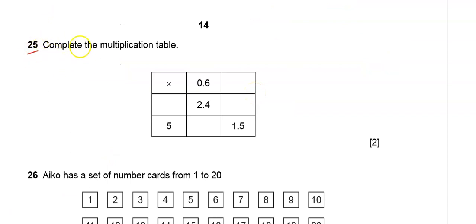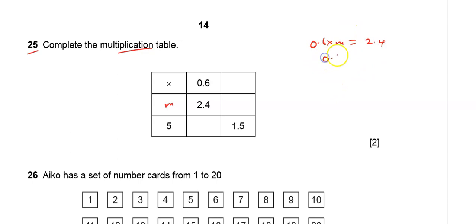Question 25. Complete the multiplication table. Multiply a number here called M. M times 0.6 gives us 2.4. So what number is that? Or you can argue 2.4 divided by 0.6 will give us M. So 0.6 times M gives us 2.4.